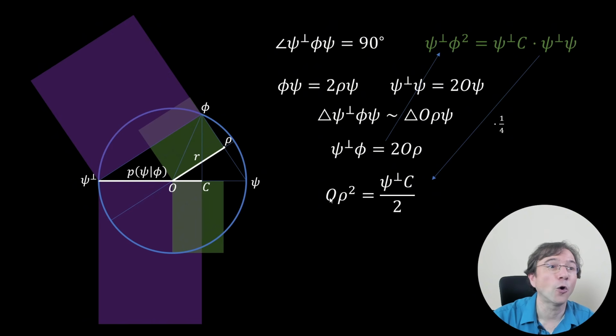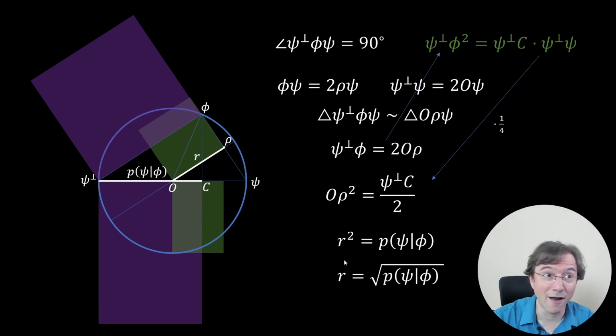So we have that O rho squared is equal to psi perp c divided by 2. But O rho is r, and psi perp c divided by 2 is the Born rule. So r is equal to the square root of the probability of measuring psi given phi. And again, you can see this geometrically here.